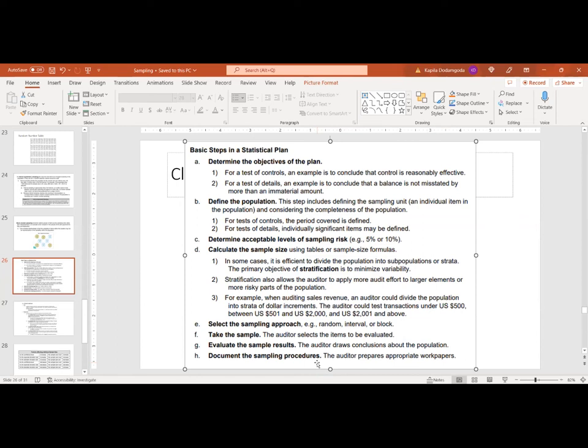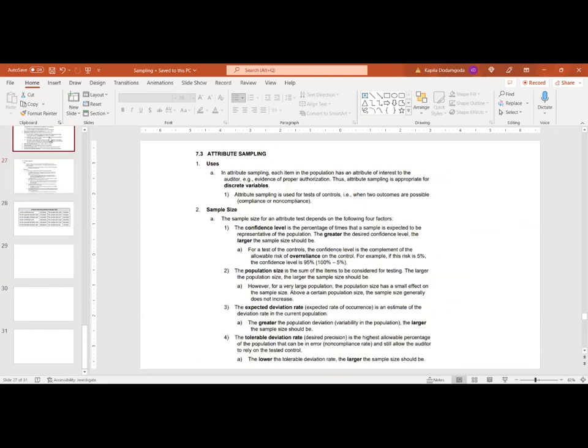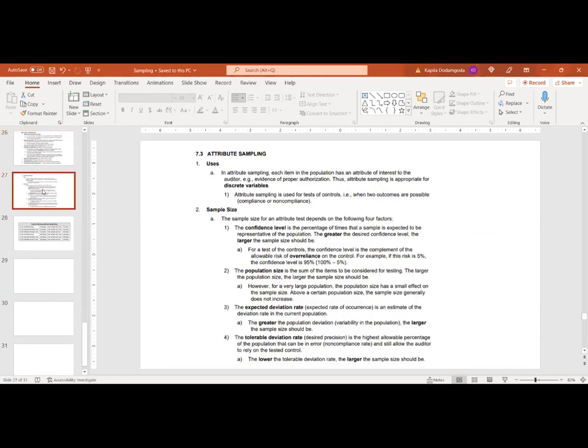Are we okay? Right. It is 8:24. I think I will look at one more concept. Depending on the time and how fast I can explain, I will go to that step as well. About attribute sampling.